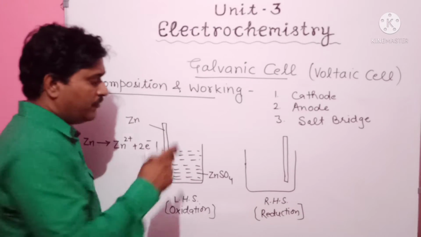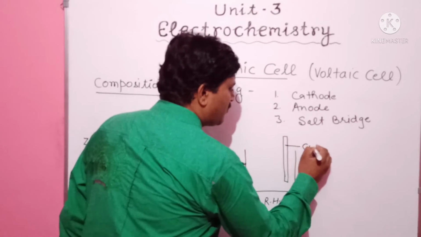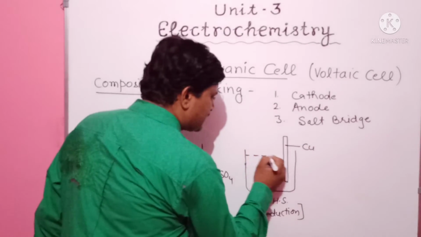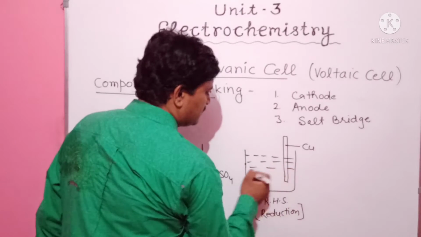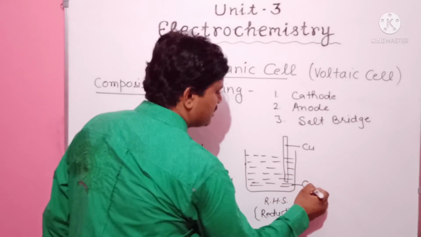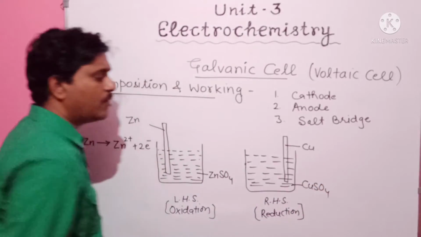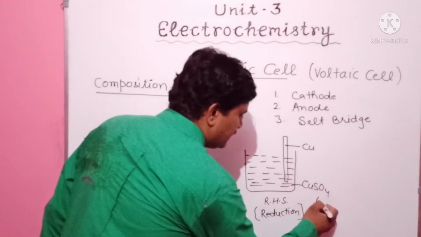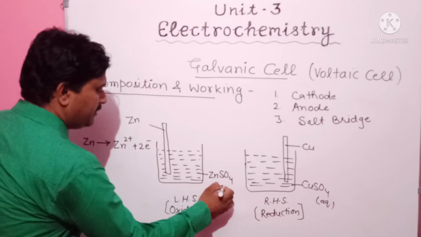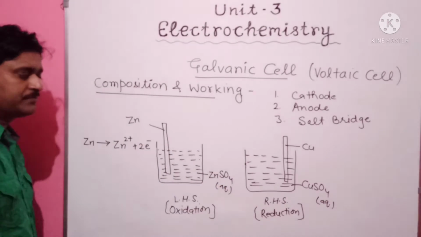For example, we took an electrode of copper rod, which is dipped into its salt solution, copper sulfate, CuSO4, that will be aqueous. Similarly, here zinc sulfate will be in aqueous form.